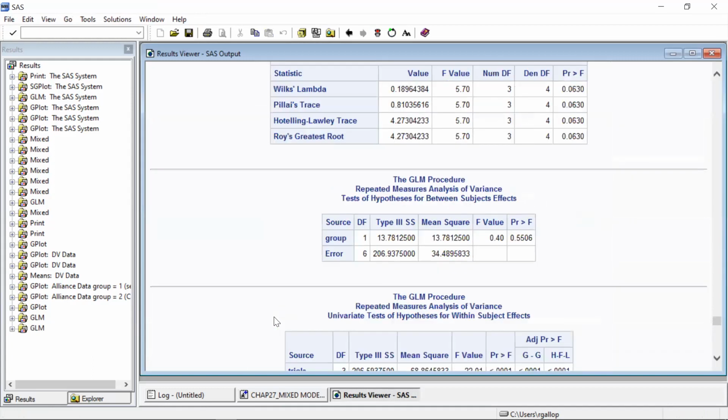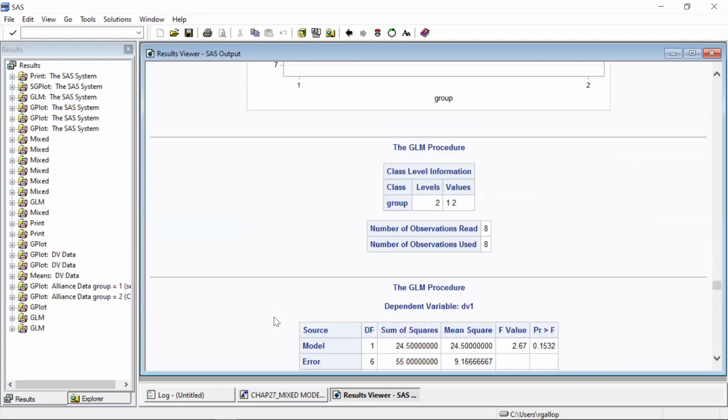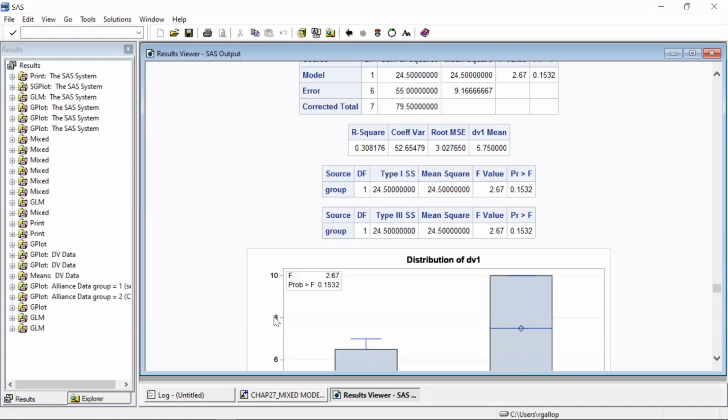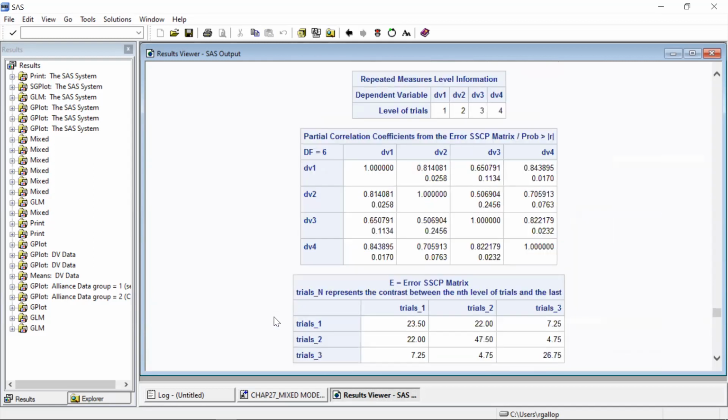And so again, if we go to the top, SAS will pull out basically one-way ANOVAs for each point in time. But once you get here, this is where we're starting to model the variance covariance matrix.